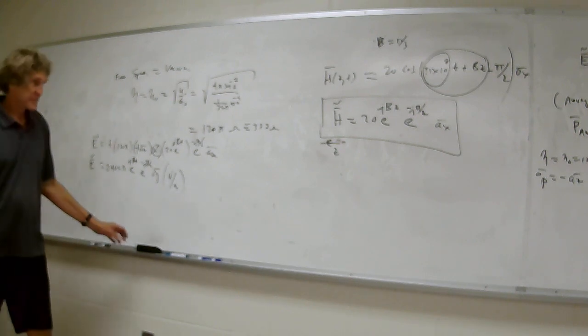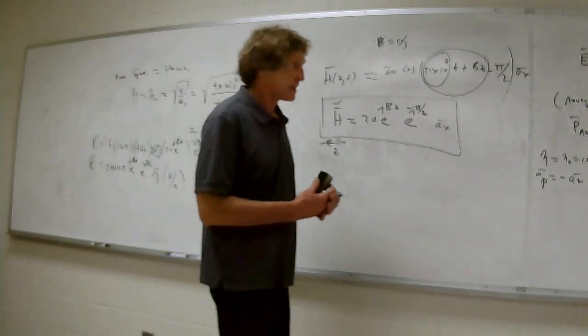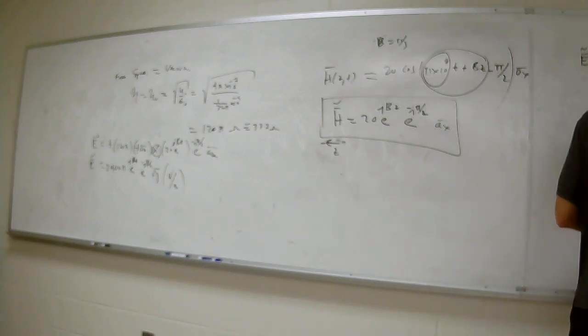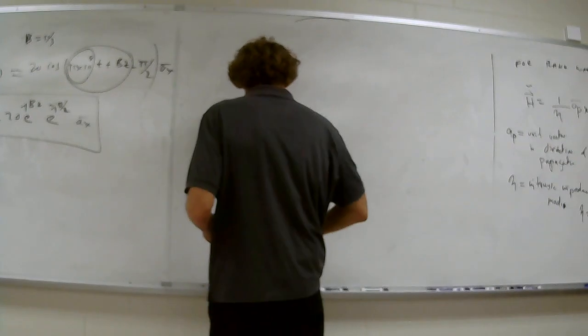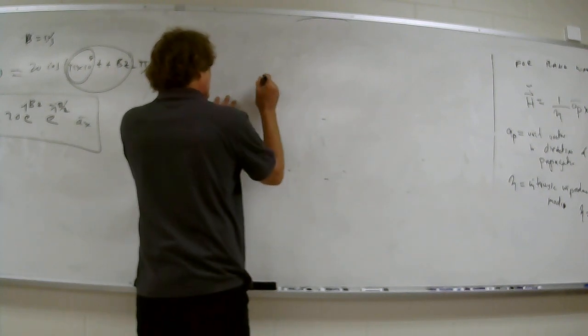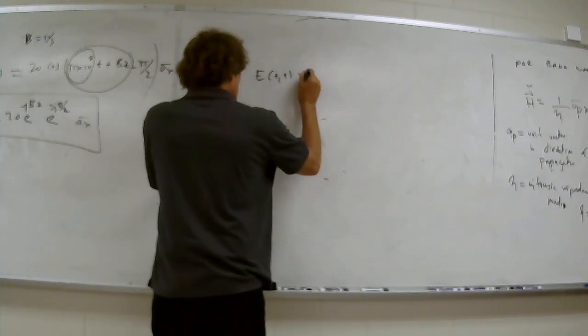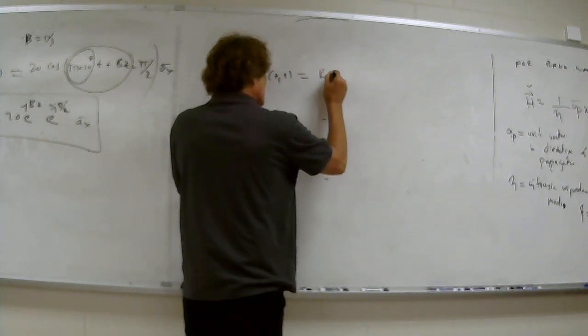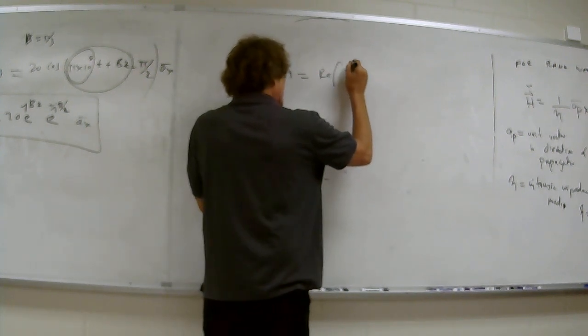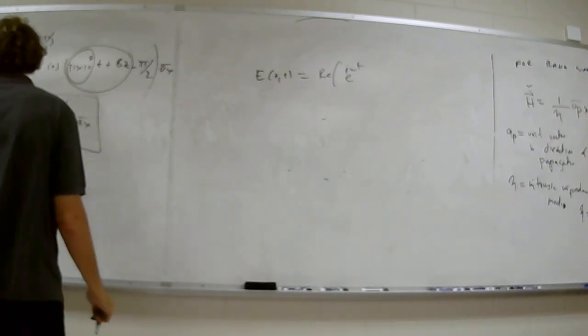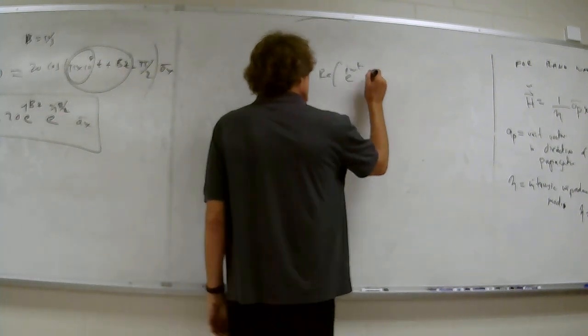But I'll show you what happens. Let me do that here, then I'll erase this whole board. In general, if I want the E field in the time domain as a function of z and t, it would be the real part of e to the j omega t times the phasor domain term. I'm just going to leave it as E phasor, and you're going to see this in a second.